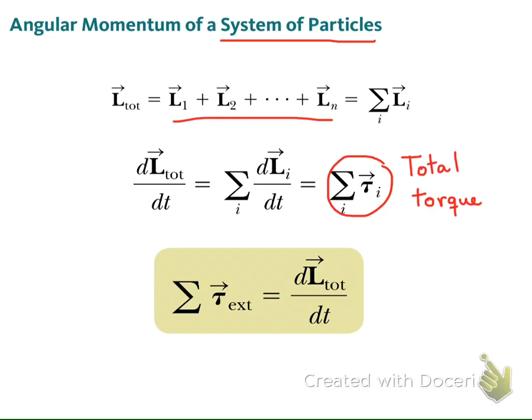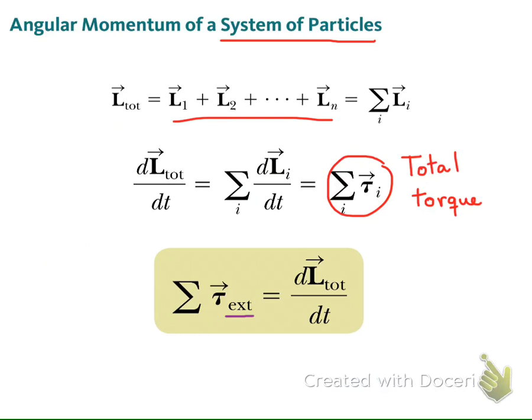Anyway, we have one thing that is very similar to the case of linear momentum. That is, the total torque here is the torque from the external force only. The external force here means it is not the force between the particles in the system.